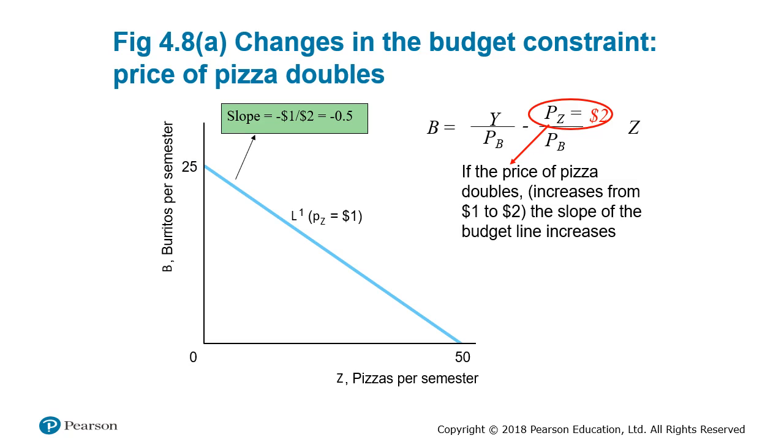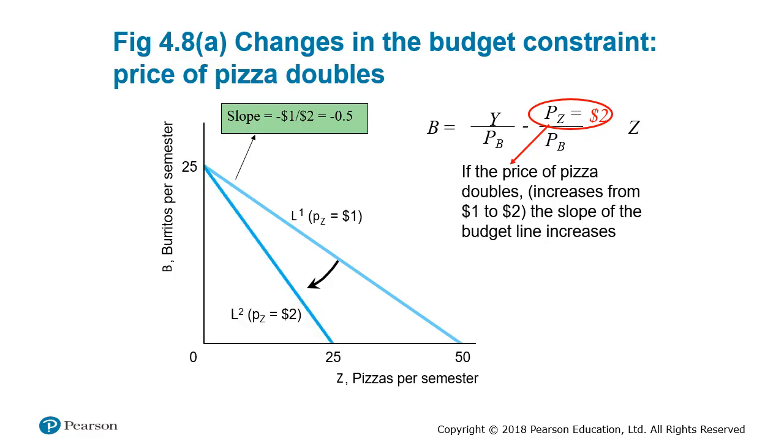You can see this in a number of ways. Firstly, the slope coefficient on that equation is going to change because PZ is now 2. Also, if you think about what the intercept would be, if she now spends all her money on pizzas, she'll be able to afford only 25 pizzas, no longer 50, because the pizza price is now 2 instead of 1.